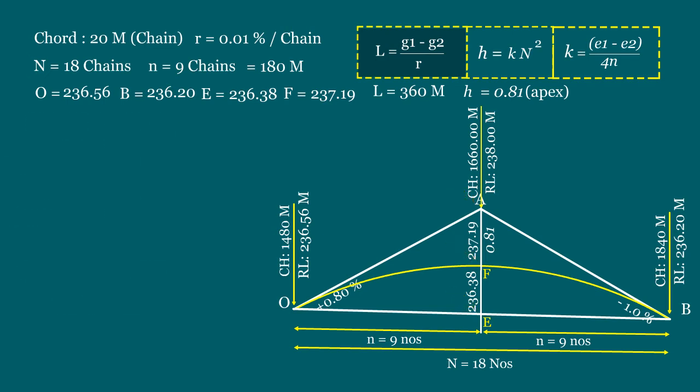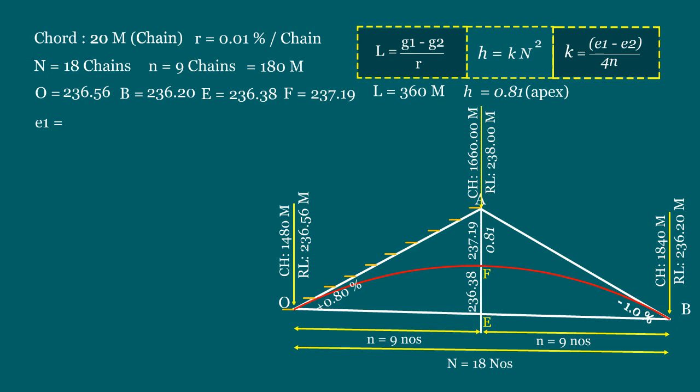Now, we will check whether these values are correct or wrong, and also calculate the reduced level of intermediate pegs from our known derived formulas. For that, we have to find the value of constant K. To find the value of K, we have to find the value of E1 and E2. E1 is the elevation on the grade of the uniform chord of 20 meters intervals.